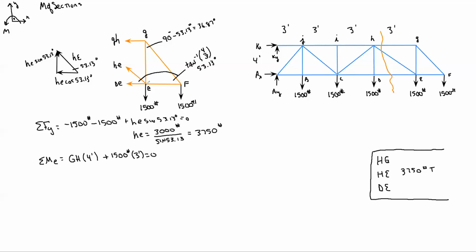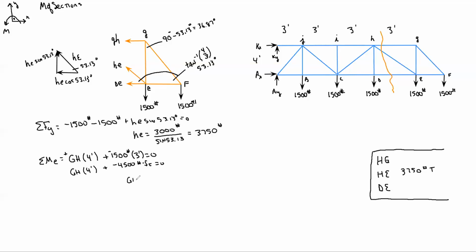If the rotation is about point E, GH causes a counterclockwise rotation, which is positive. And the 1,500 pound external force at F causes a clockwise rotation, which is negative. So GH times 4 feet plus negative 4,500 pound-feet is equal to 0.